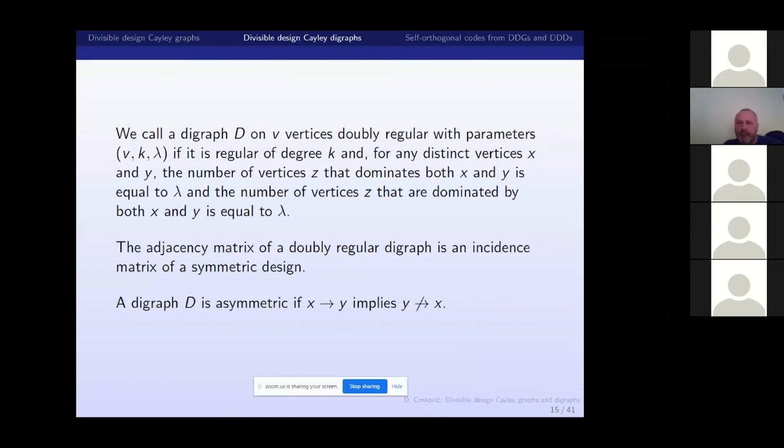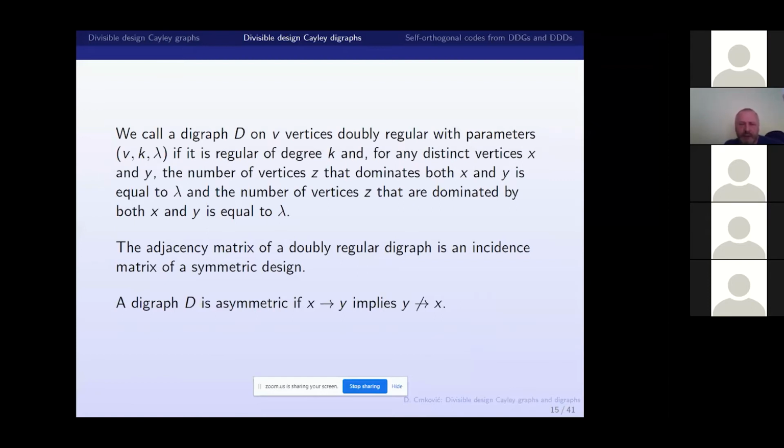For any distinct vertices x and y, the number of vertices z that dominate both x and y is equal to lambda, and the number of vertices z that are dominated by both x and y is also equal to lambda. So such a structure is a doubly regular digraph.